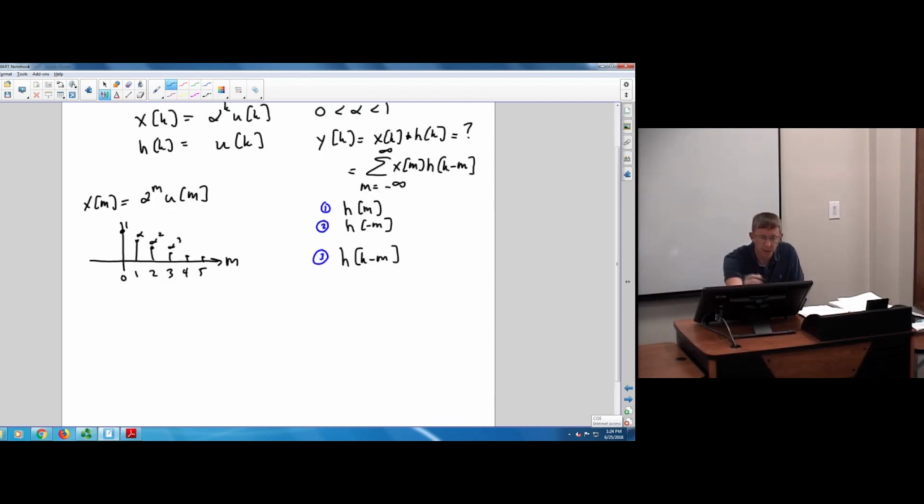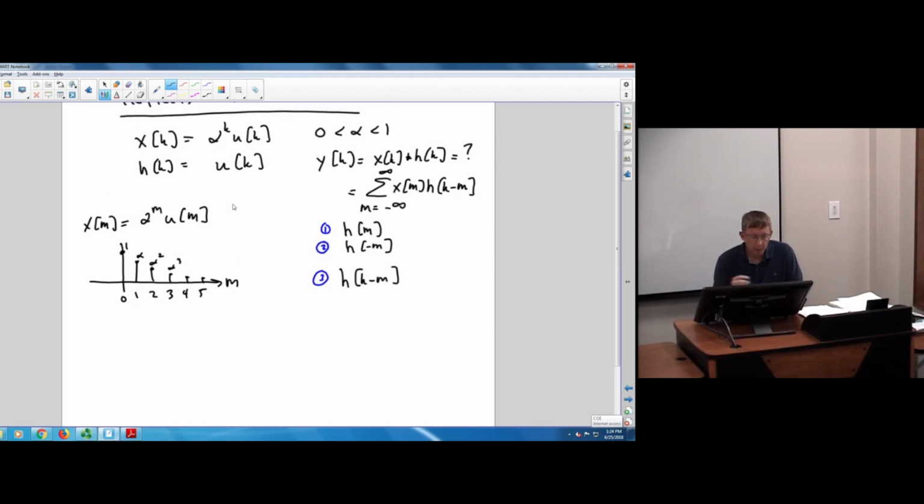What does h of m look like? Well, h of m is just u of m. It's just a unit step. So that's easy. As a function of m, it's 0 back here, and it's 1s forever up there. Everyone okay with that? It's just a unit step in this example.